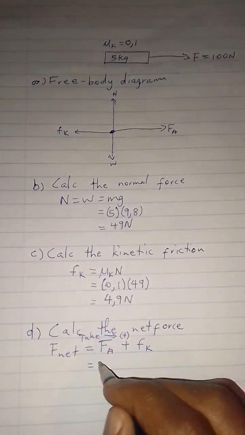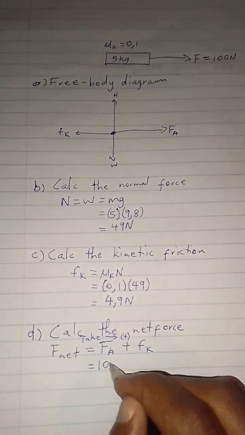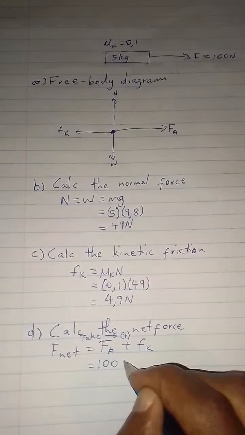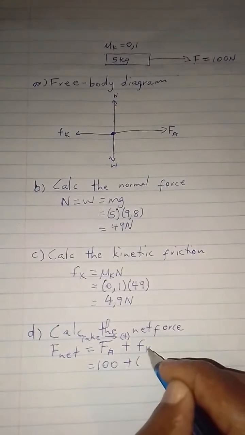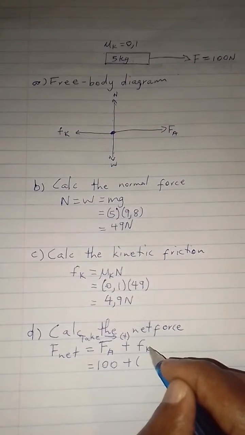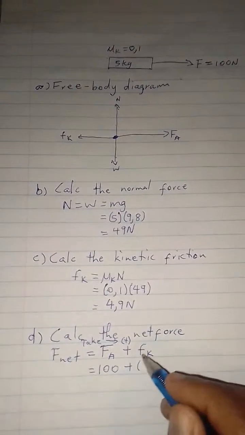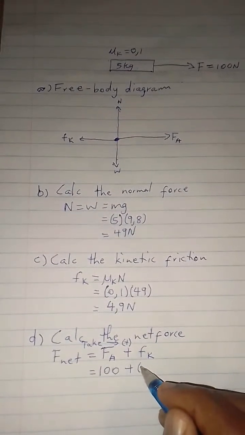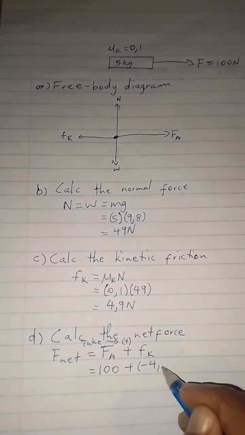Then our applied force is 100 plus, so our kinetic force is pointing to the left, so it's gonna be negative 4,9.